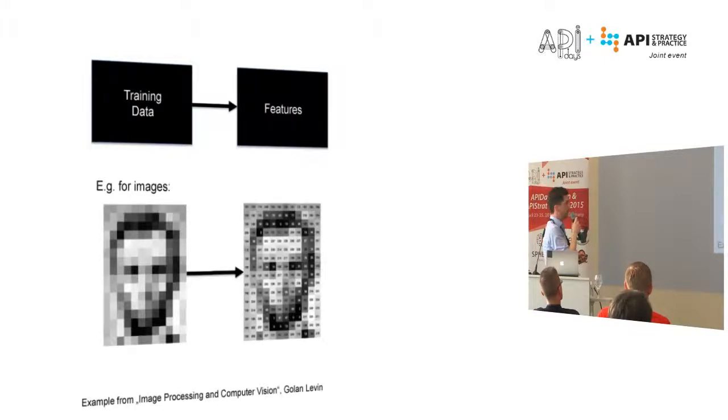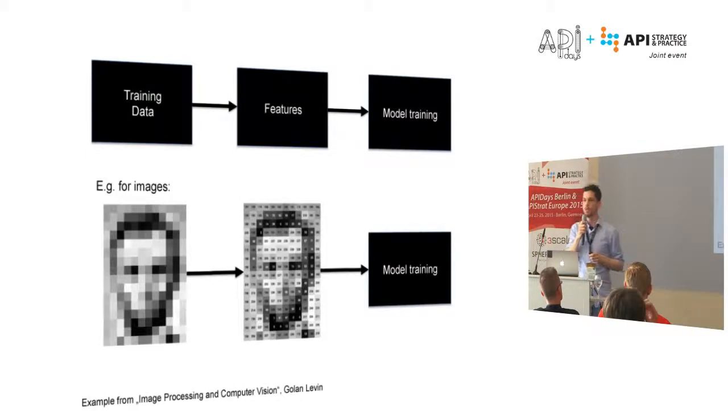And then you extract features. A feature is basically a numerical expression of the data that you have. The most simple feature that you can think of in the case of images are actually the pixel values, so the grayscale or RGB values of the pixel. Every pixel has this grayscale value, and you can use this as input data to train the machine learning model.